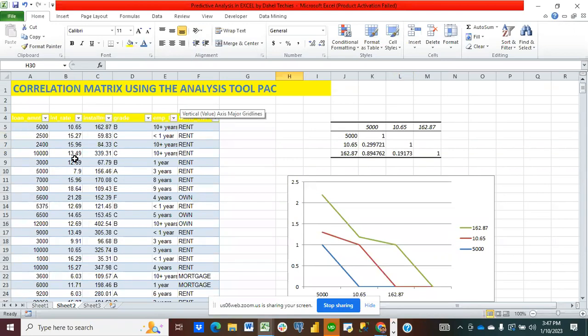Yes, we are still going to deal with the three variables: the loan amount, the interest rate, and the installment. But I want to check for this person with loan amount in A8, interest rate in B8, and installment in C8. Okay, you want to check for only this person, right? Yes, only that person. Okay, let's try that and see.